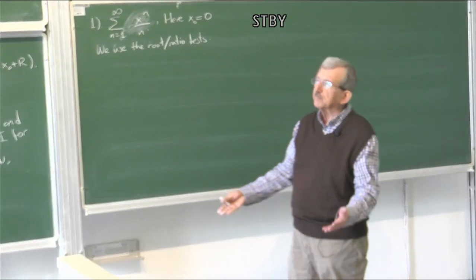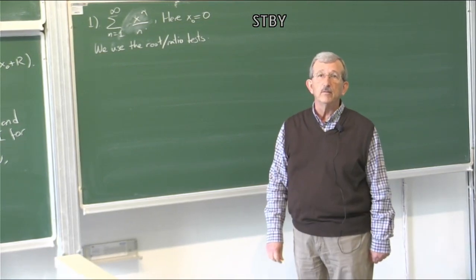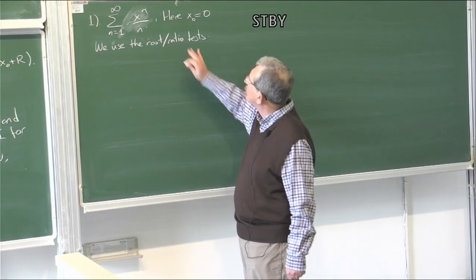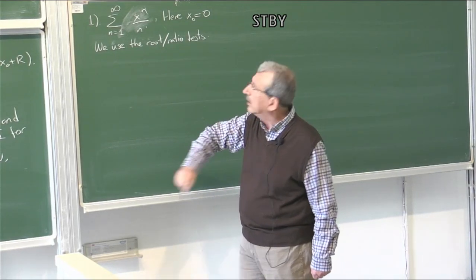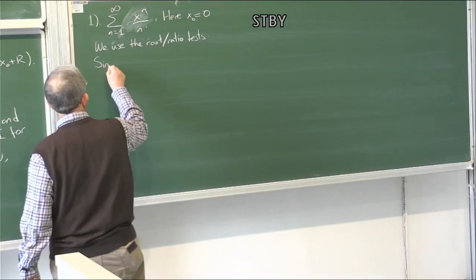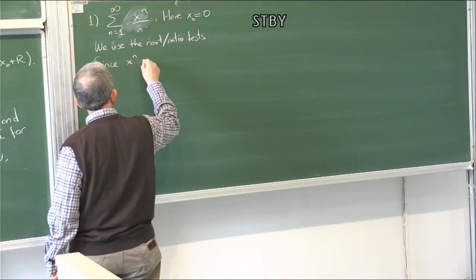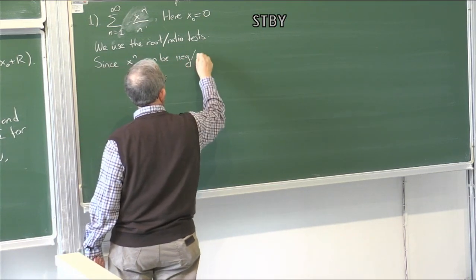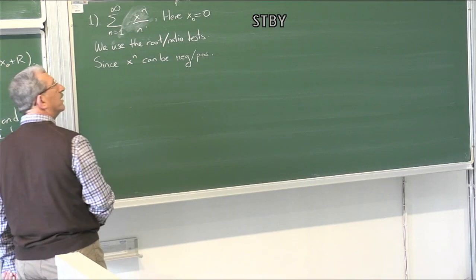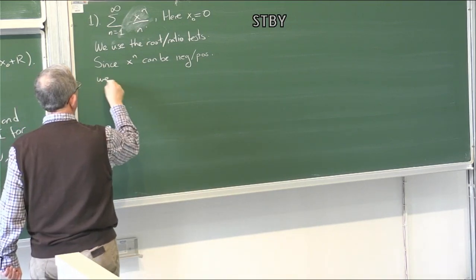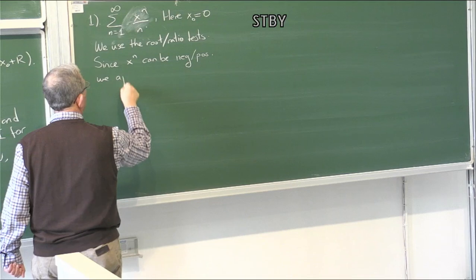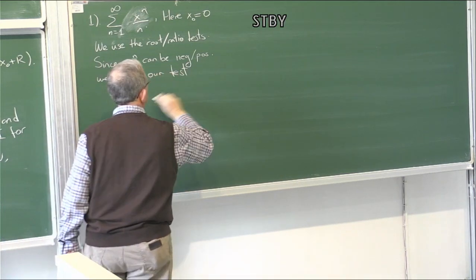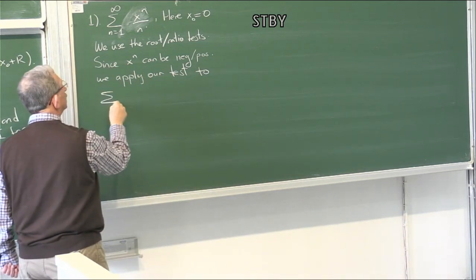For example, if x is minus 1, we won't have a positive series. So we cannot use the root or ratio tests directly. So since x to the n can be negative or positive infinitely many times, we apply our tests to the absolute value.